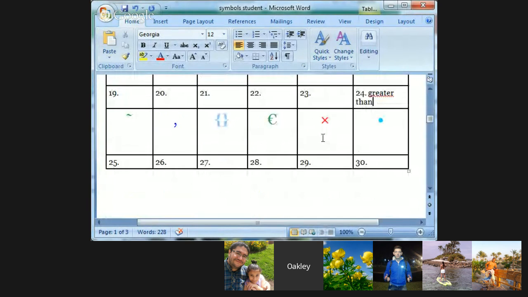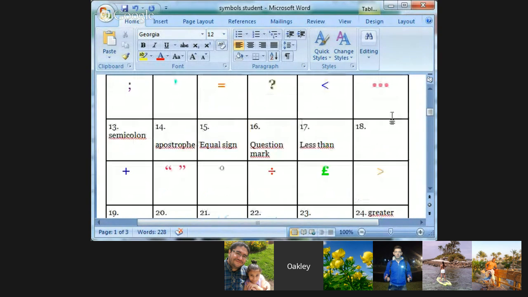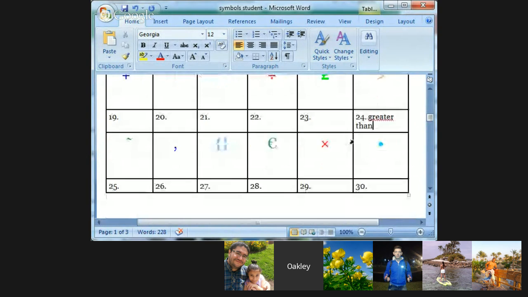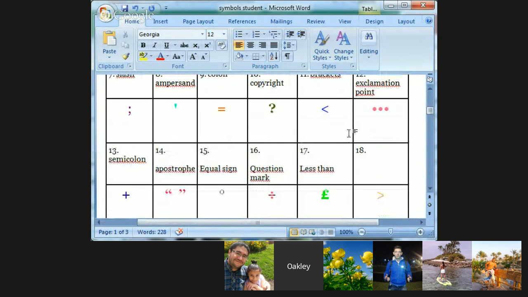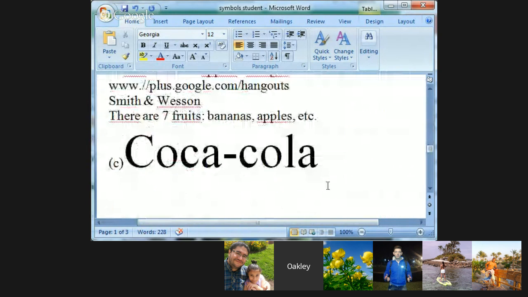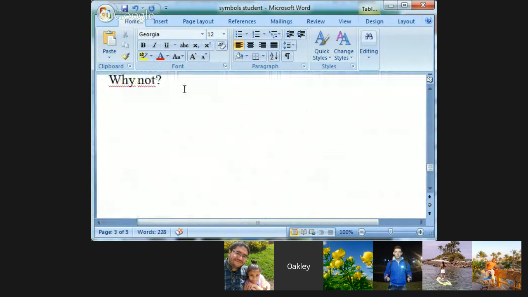Usually it's used in math: less than symbol, greater than symbol, and basically we speak it like it is. So, pretty simple.